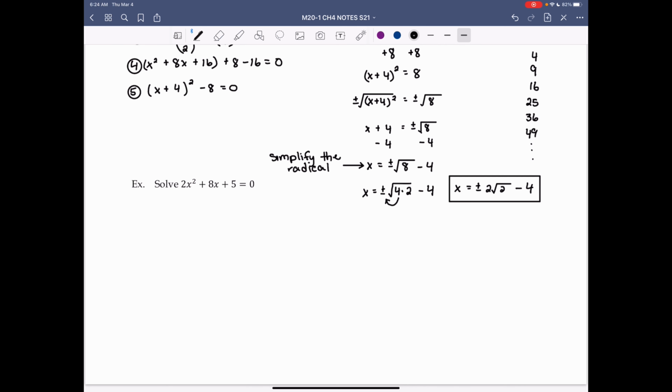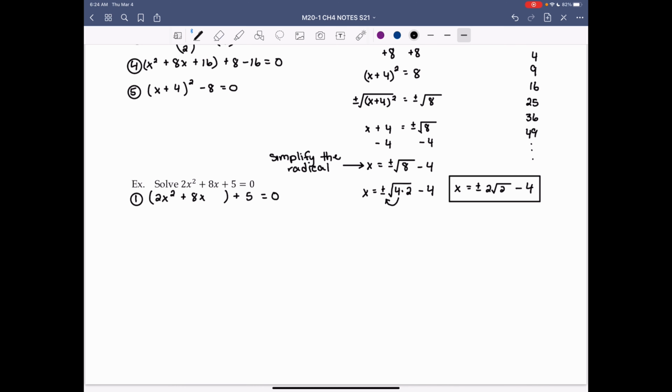Example, solve 2x squared plus 8x plus 5 equals 0. Step number 1, group your x squared and x terms in the brackets. 2x squared plus 8x, leave a space, close the bracket, constant goes outside, equals 0.